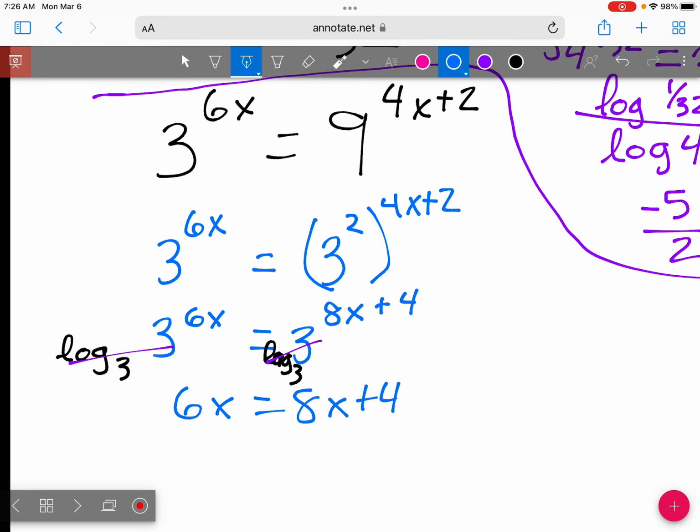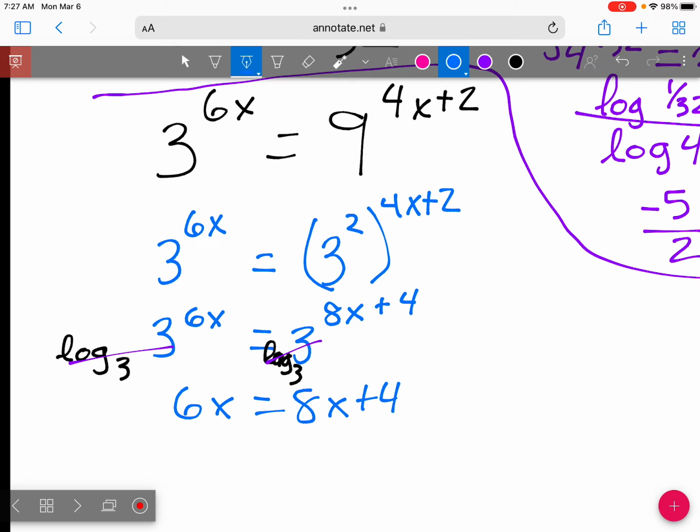That's a whole lot simpler to solve. When the bases are the same, the exponents match. Technically, we use a log to do that mathematically. We can't just say the bases go away. They do, but because logarithms are a thing.